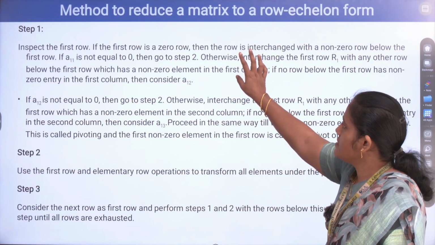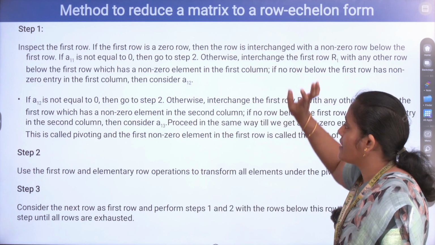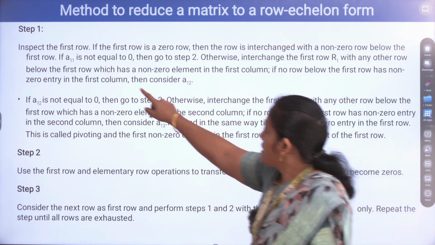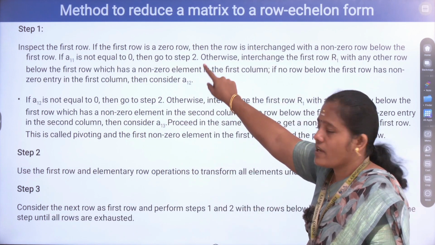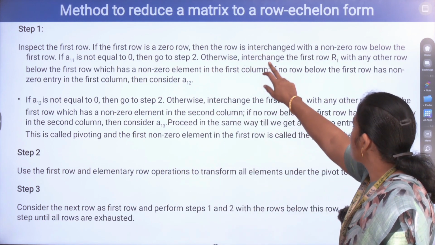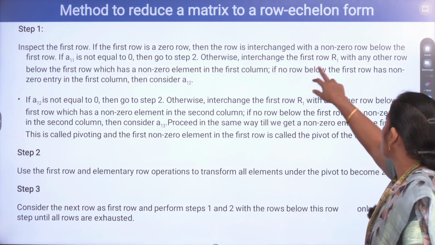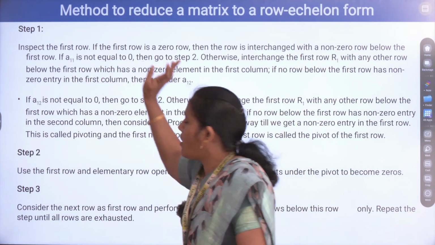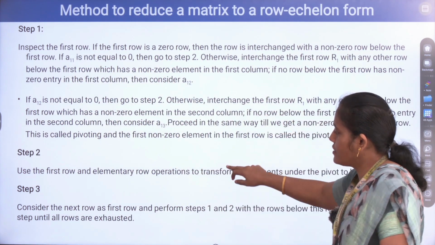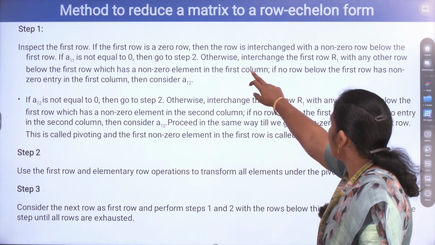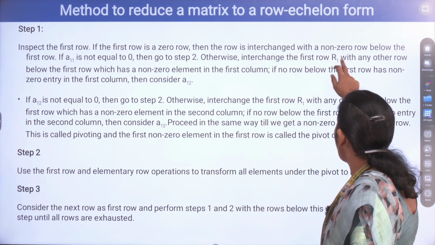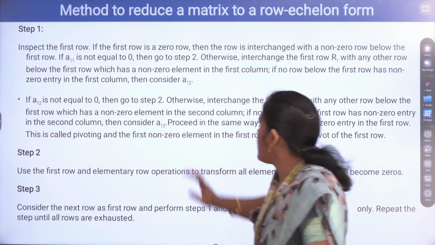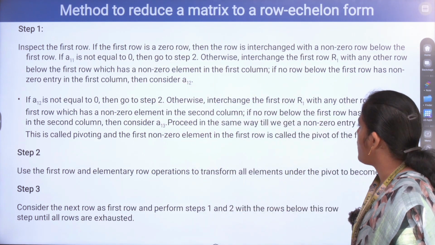The next topic is how to reduce a matrix to row echelon form. The first step is to inspect the first row. If the row is a zero row, then it is interchanged with another row below the first row. If a11 is not equal to 0, proceed to step 2. Otherwise, interchange the first row R1 with any other row below it which has a non-zero element in the first column.